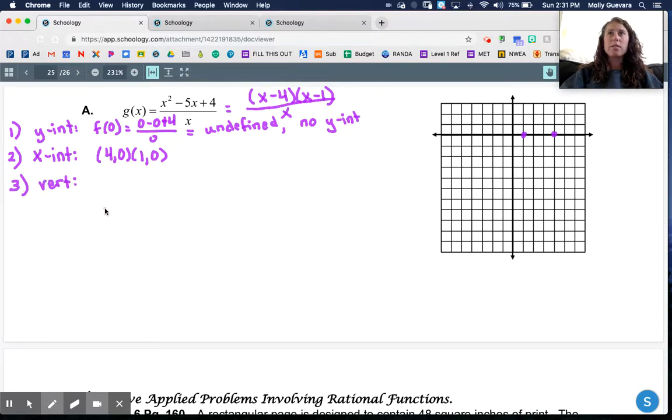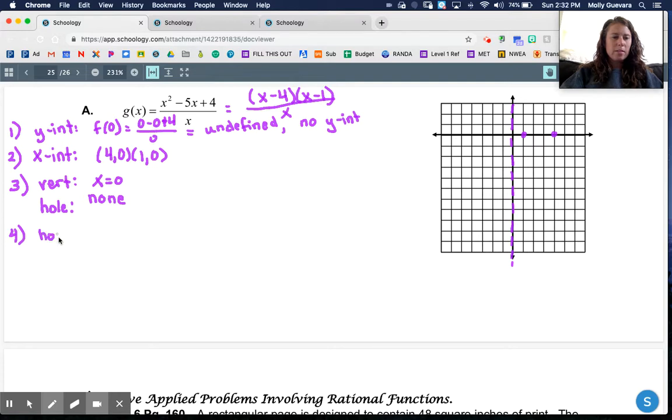Anything that's a 0 of the bottom, but not of the top. The only thing that makes the bottom 0 is 0. So I have a vertical asymptote at 0, which I kind of suspected since there was no y-intercept. And then do I have any zeros that are common on both the top and the bottom? And the answer is no. So there's no holes.